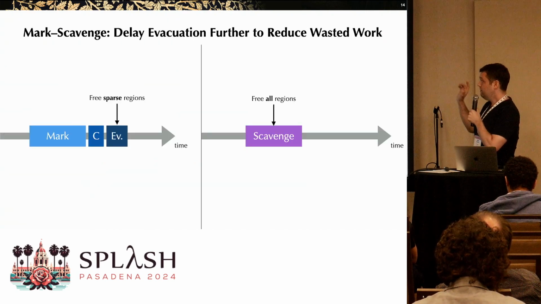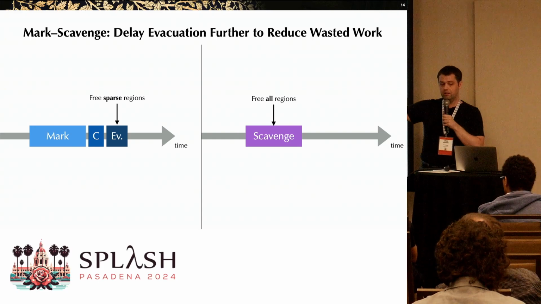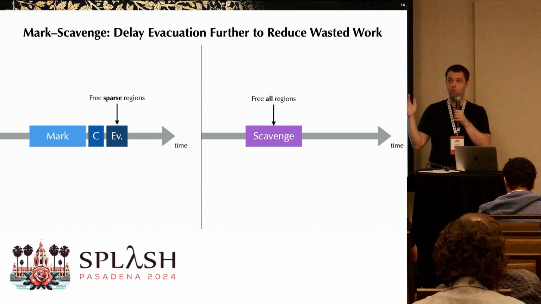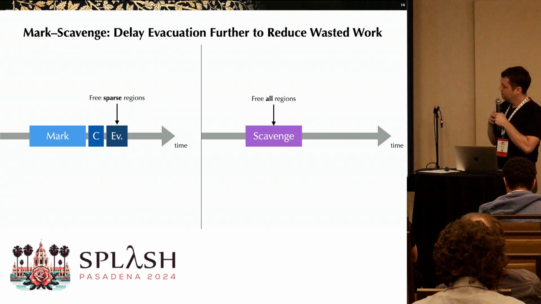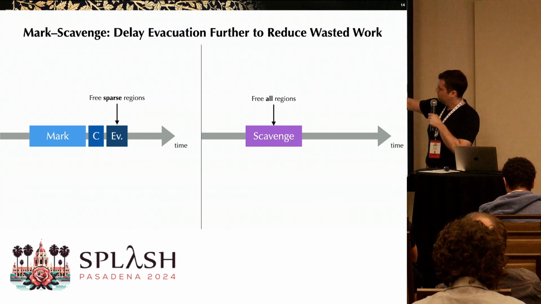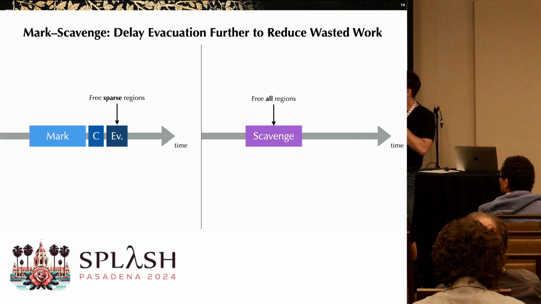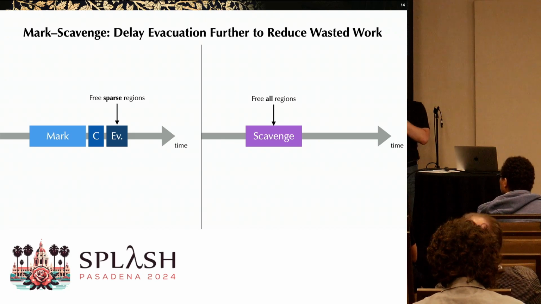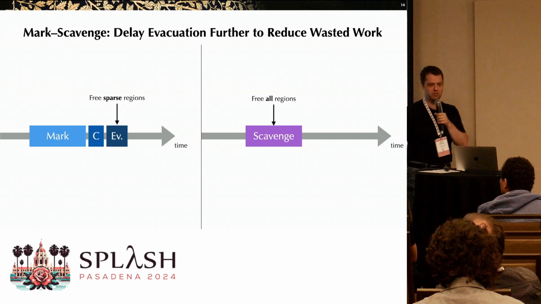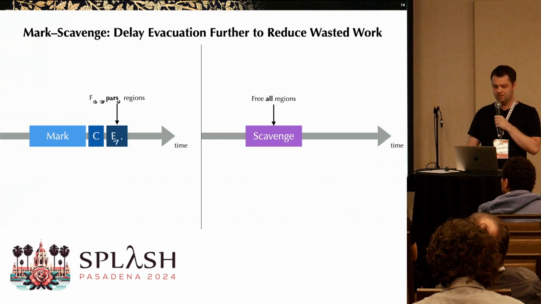So let's revisit the designs of mark evacuate and scavenge to see how we can combine them. Consider that mark evacuate, its evacuation phase, frees sparse regions, but scavenge frees all regions. So in a hand-wavy sense, it would be safe to remove evacuate if we are still doing that. We are not going to lose any work doing that. So let's remove the evacuation phase.